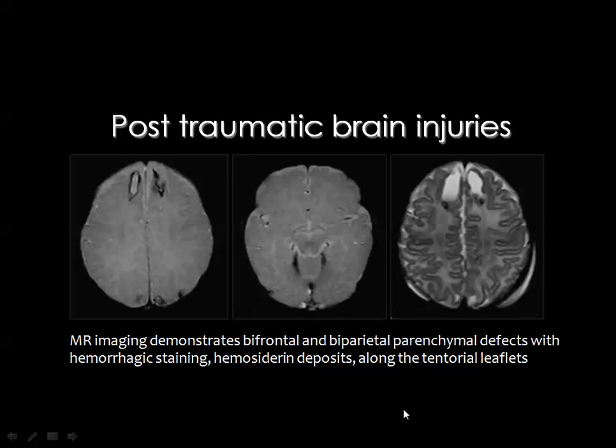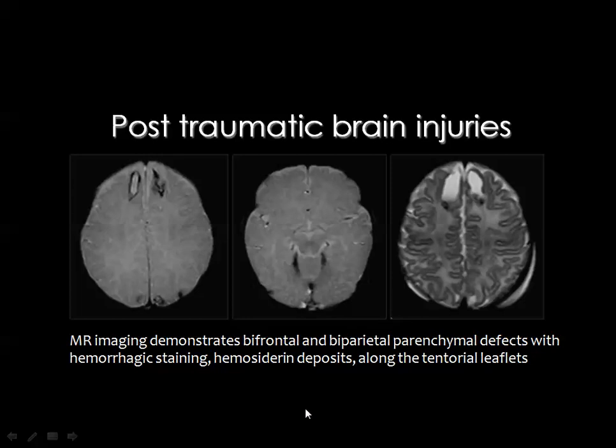By MRI, if you use the gradient images, you can appreciate the presence of blood even in minute foci. And here you can see the appearance of the blood in the frontal lobes and in the posterior parietal lobe. And this blood is present in the tentorium, and you know that this should be in the subdural space.